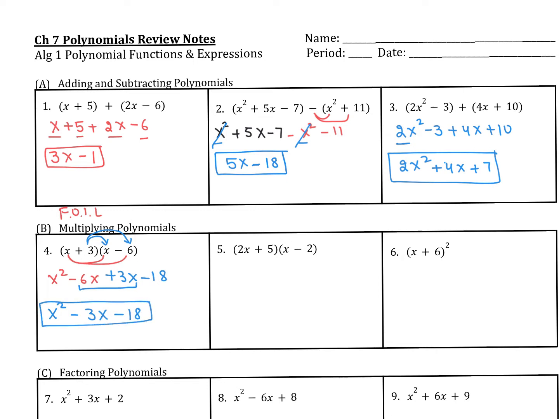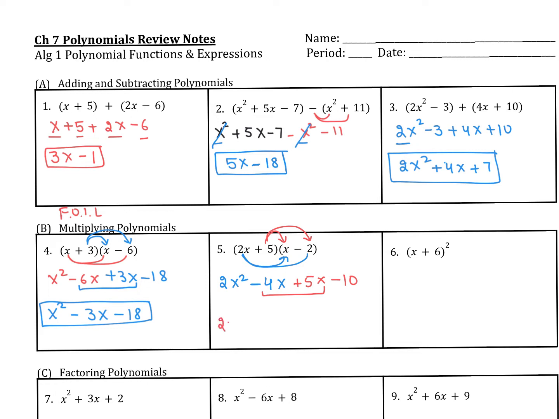A quadratic trinomial. For number 5, this is going to be 2x squared, negative 4x. 5 times x is 5x, and 5 times negative 2 is negative 10. In between, if you see, these are like terms because both are x terms.